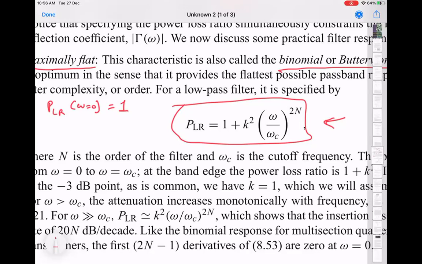If you want the power loss ratio to have some value at this frequency omega c, this omega c is actually now the special frequency which defines something about the filter, right? Which is usually called the cutoff frequency.